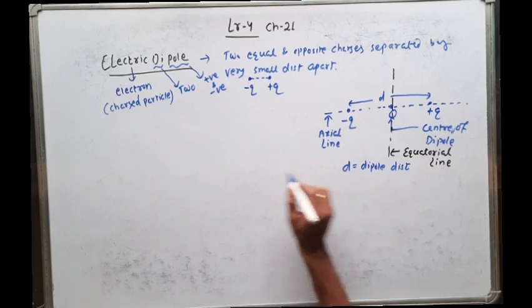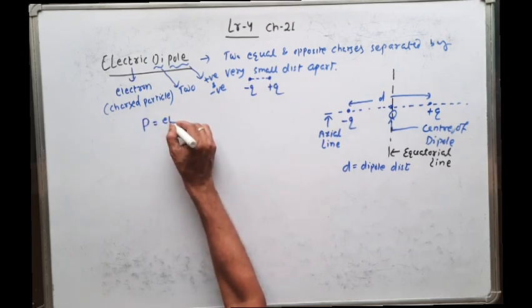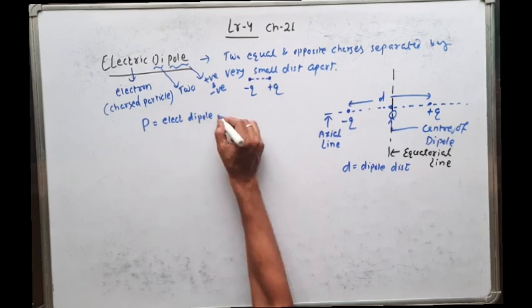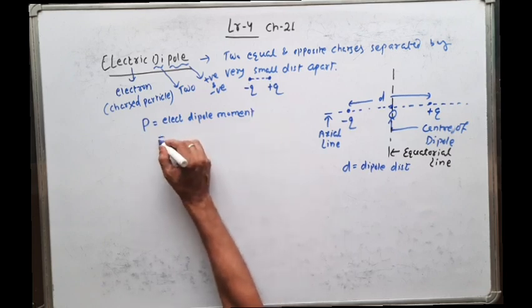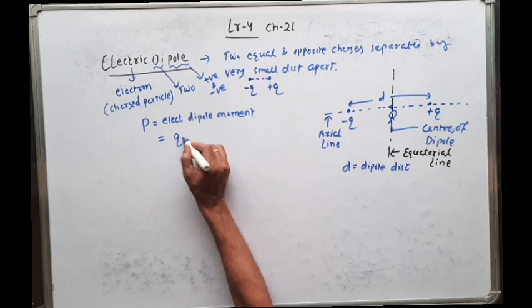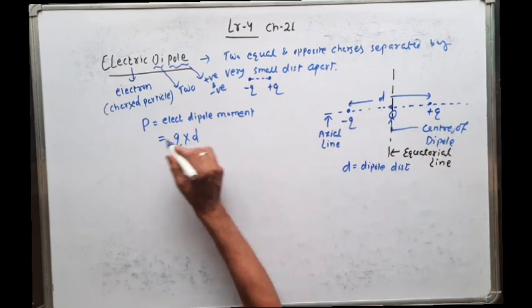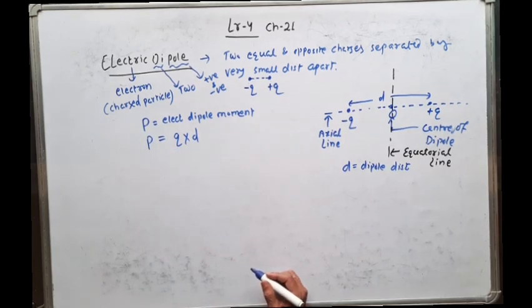If I write P, P is called electric dipole moment. It is nothing but the product of either of the charges, that is q, into their separation distance, that is d.